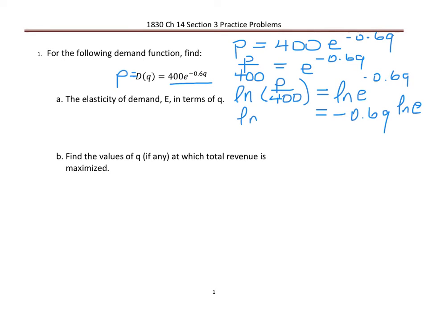And that's equal to the natural log of p over 400. And then we're also going to take advantage of the fact that the natural logarithm of e, you can check this on your calculator, is equal to 1, and therefore it actually disappears in this problem. And so we're actually one step away from solving for q.